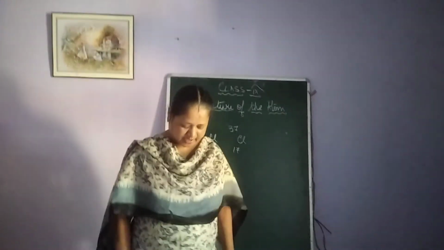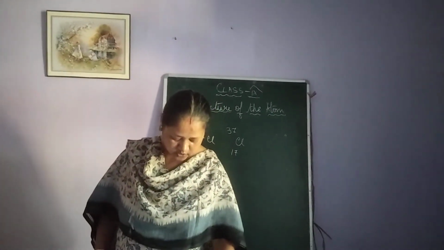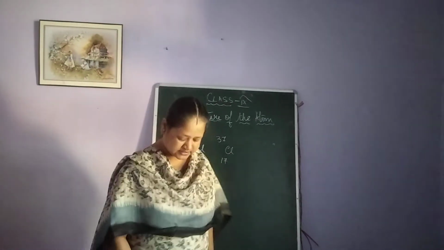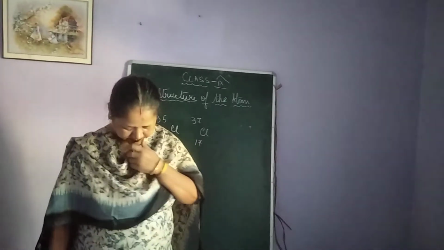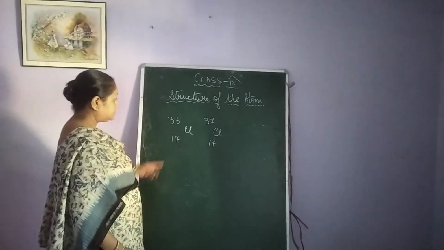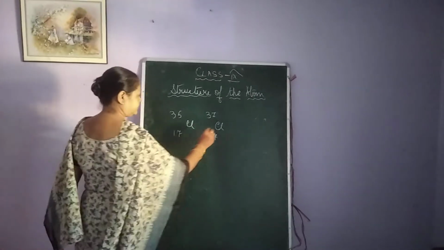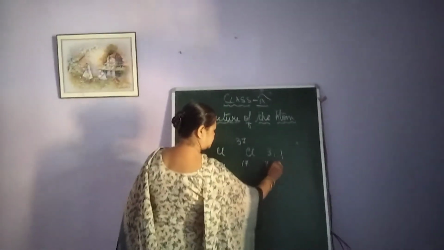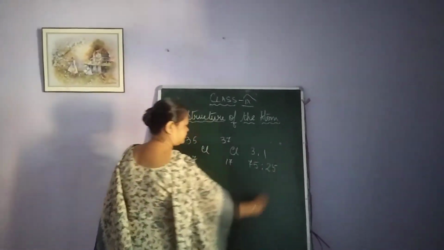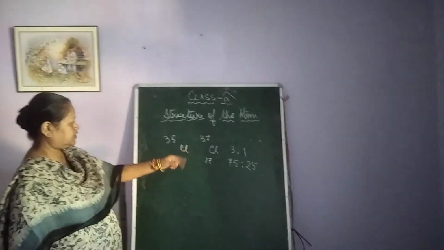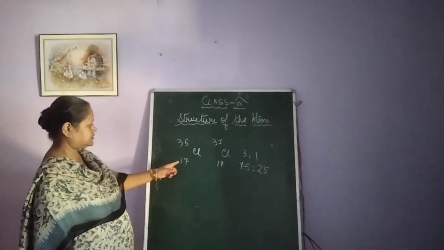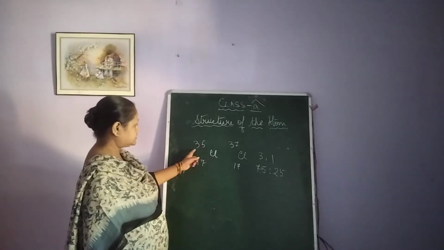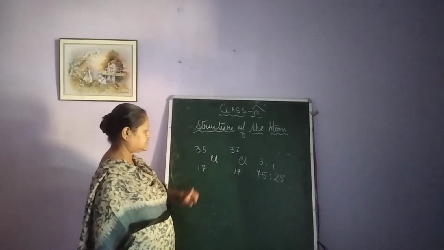Chlorine occurs in nature in two isotopic forms, that is 35Cl17 and 37Cl17, which occur in the ratio of 3:1. In percentage terms that is 75:25. So that gives you the ratio 3:1, which is the isotopic form of chlorine.